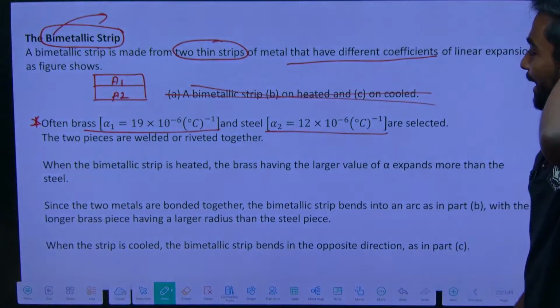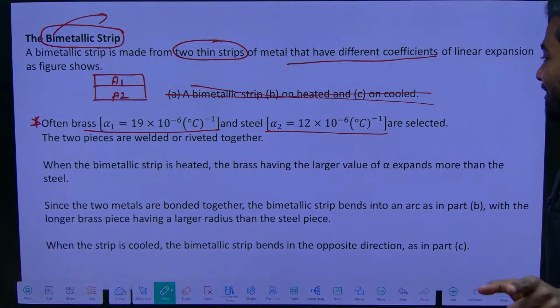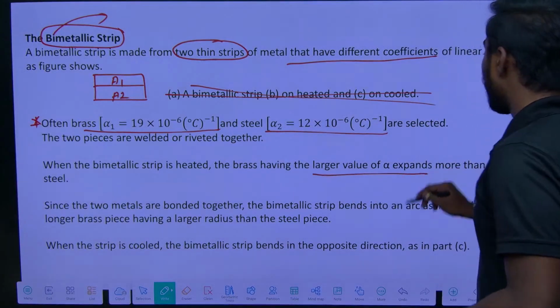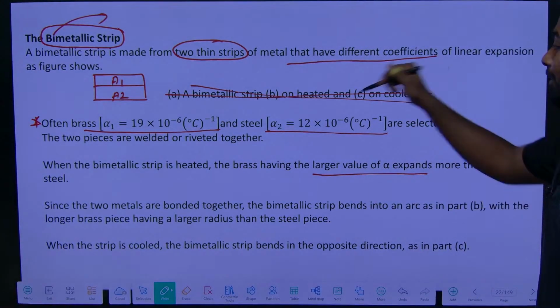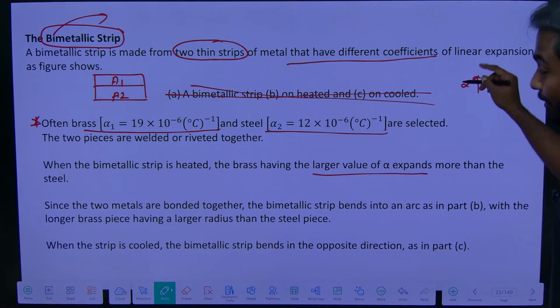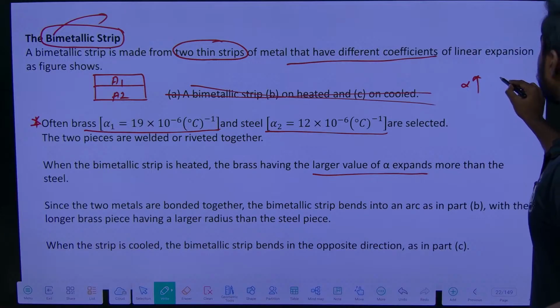Okay, when the bimetallic strip is heated, the brass, having the larger value of alpha, expands more than the steel. So when alpha value is more, the expansion also is more, delta L by L. So delta L is more.